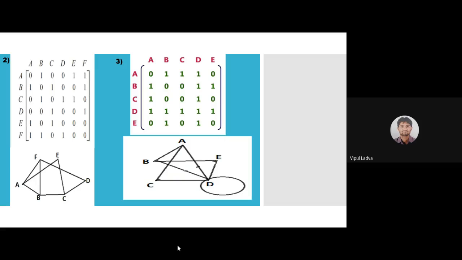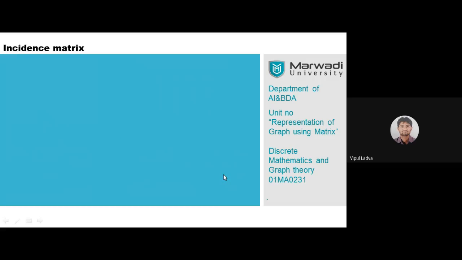In the third example, observe that I provided one of the entry 1 over there, which indicates that D will have a self loop over itself. Is it? Here it is a self loop. So that was a story related to adjacency matrix.